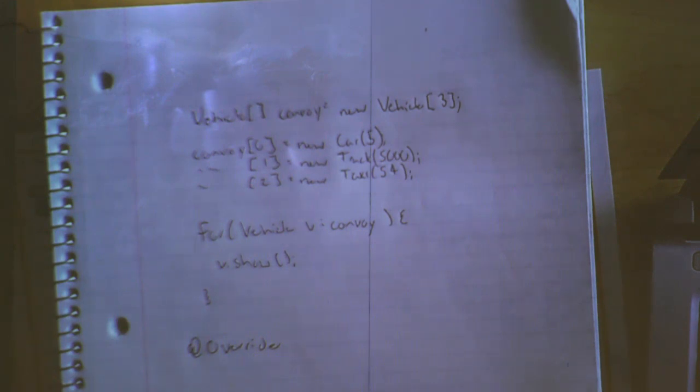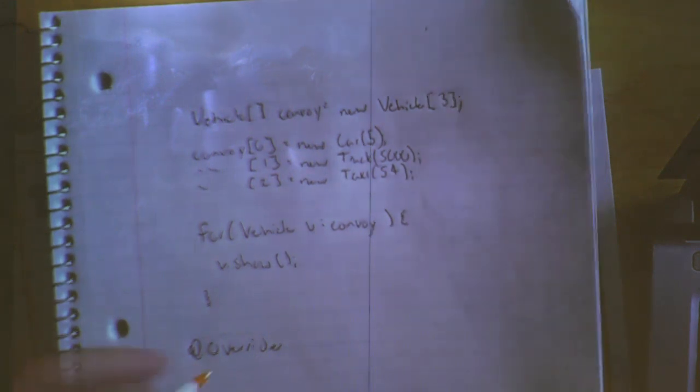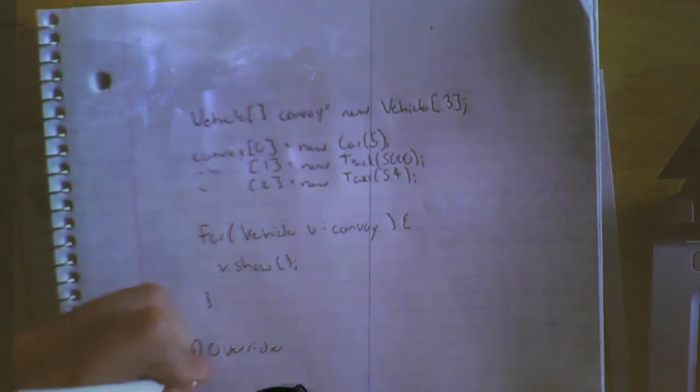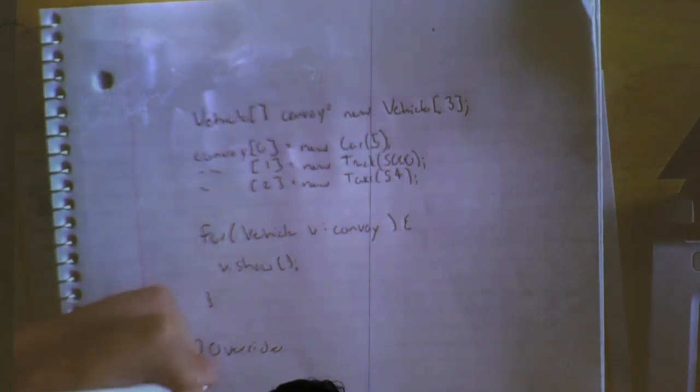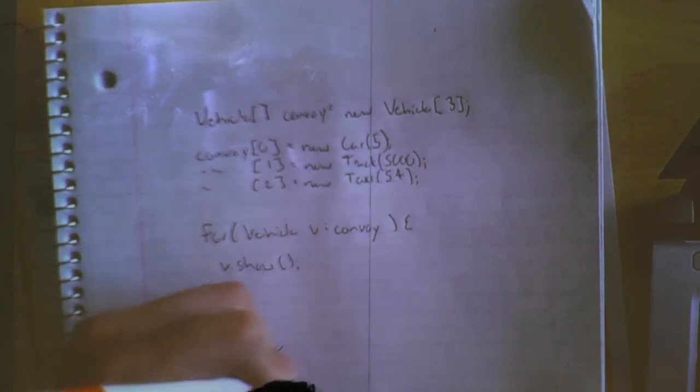I guess the important thing here is not to get confused between overriding and overloading, because they are two extremely different things. So overloading is when you have multiple methods that have the same name and the same intended functionality, but they have different lists of arguments.